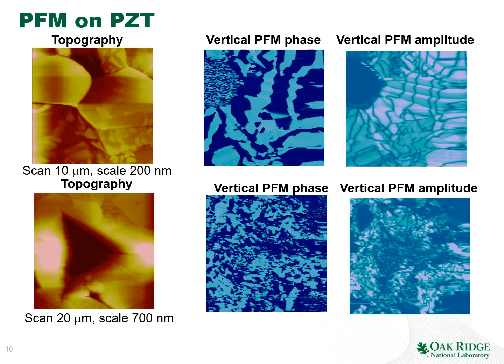This is another example of a PFM image of a sample which was indented by a nanoindenter. So we created a large hole inside the material. Notice that despite the fact that in this case the surface is very, very rough, the vertical scale here is 700 nanometers, it's basically a mountain country, you can see that there is a very clear domain pattern, visible both outside of the hole and inside the hole as well.